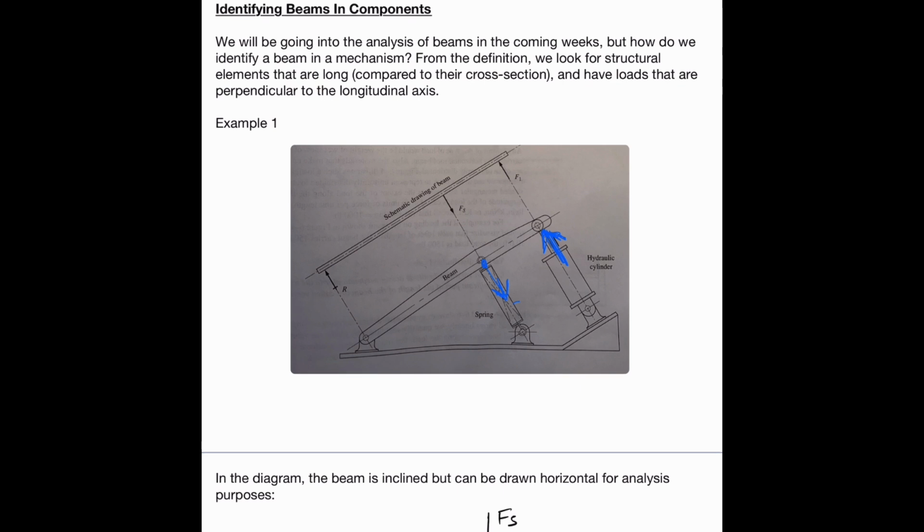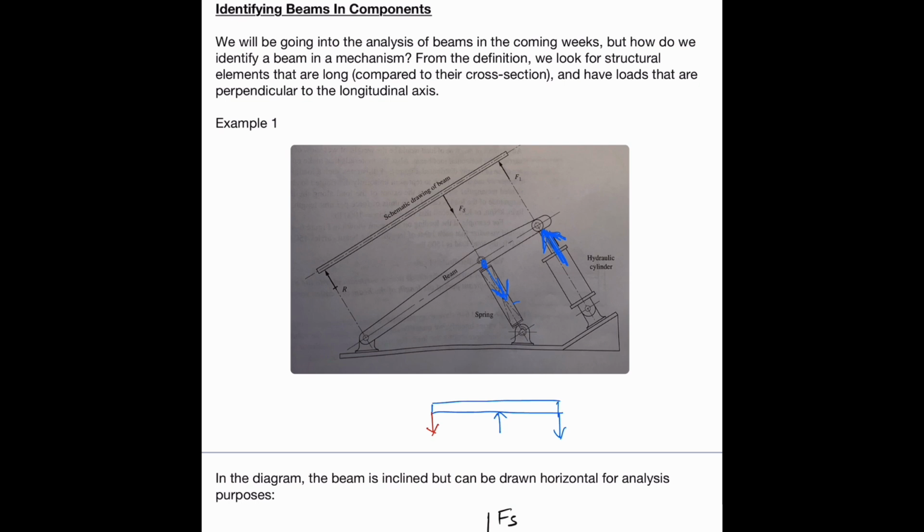Now if you look at the beam, we cannot draw it horizontal. So it's always good to turn our beams horizontal. We have a force on the end here, we have a force here, and then we would have some reaction force in the end here. How we draw the reaction force direction is not really important, because when we're working out the maths, the maths will take care of the direction.